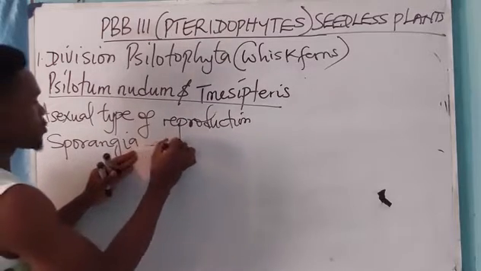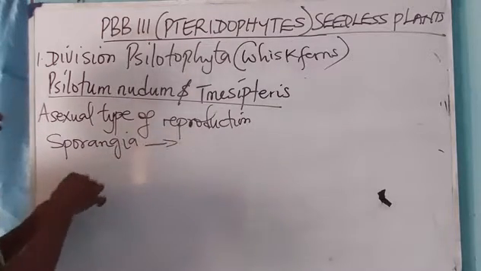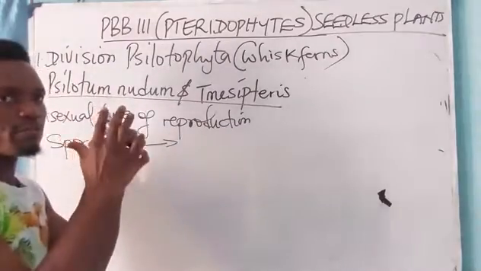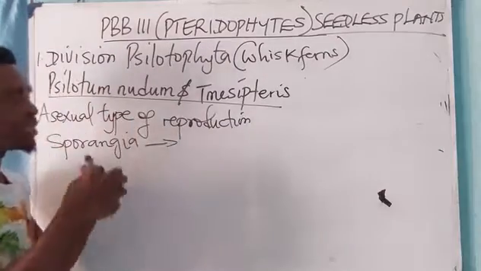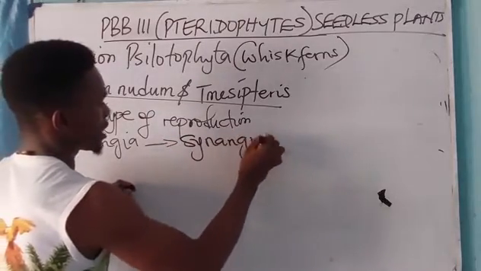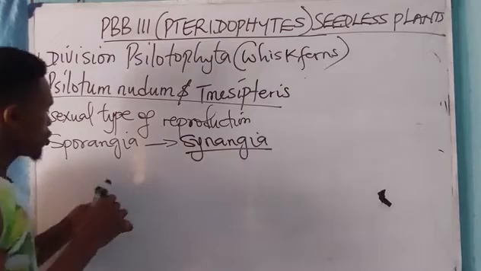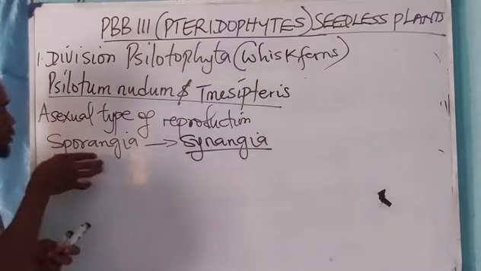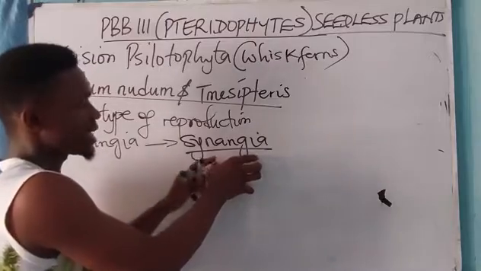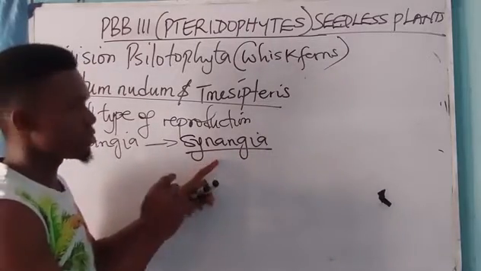Now, when this sporangia occur in trees, they fuse themselves together. They are called synangium or synangia, which means a cluster of sporangia. Synangia is plural, while synangium is singular.